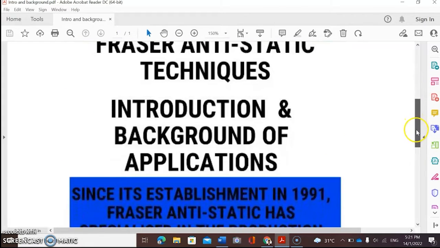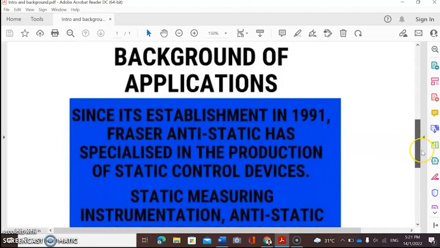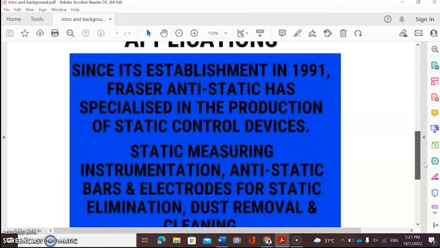So, the introduction and background of the application. Since it was established in 1991, Fraser Anti-Static has specialized in the production of static control devices and static measuring instrumentation.